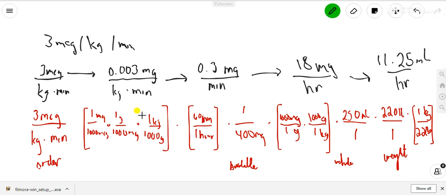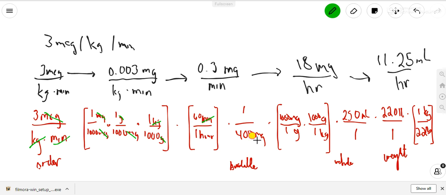All the canceling out units means is you're getting rid of everything you don't need to see what you have left. I have kilogram canceling with kilogram. I have microgram canceling with microgram, milligram canceling with milligram, and gram canceling with gram. I have minute canceling with minute, and I'm left with hours.